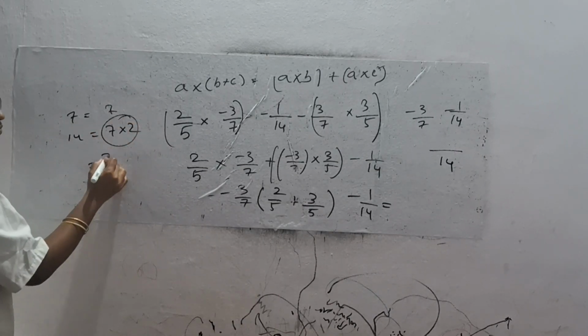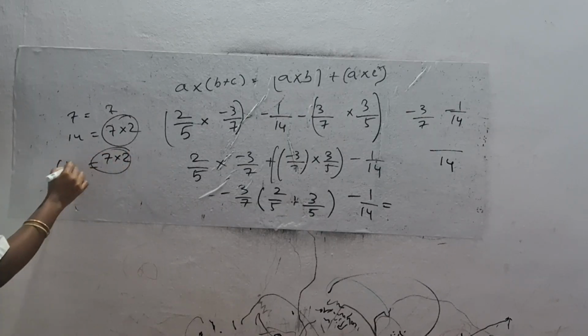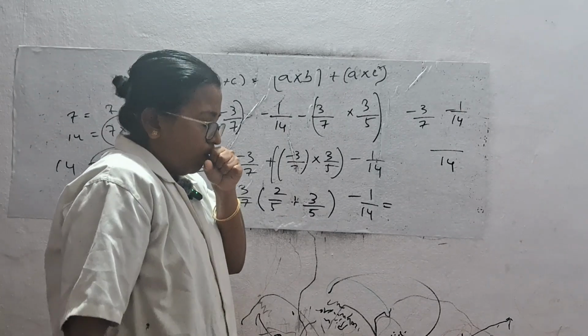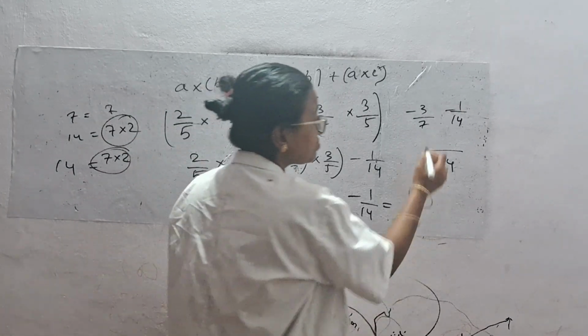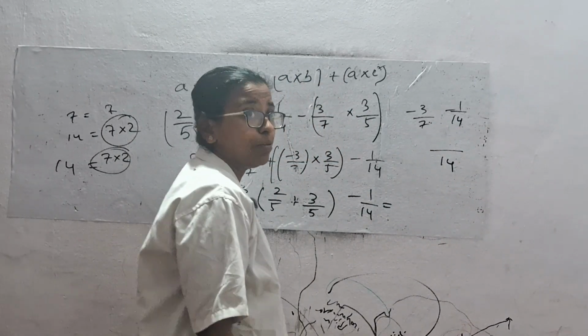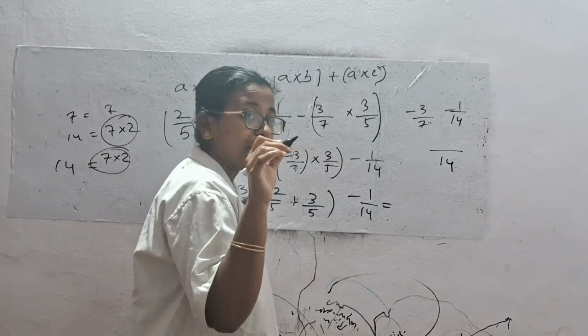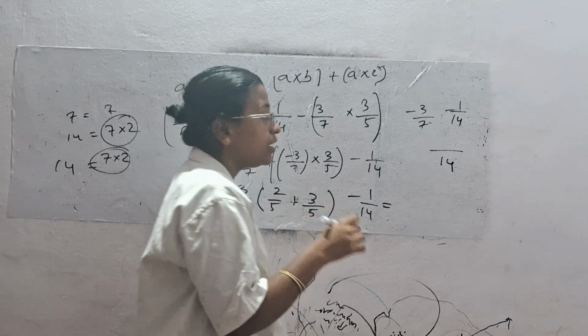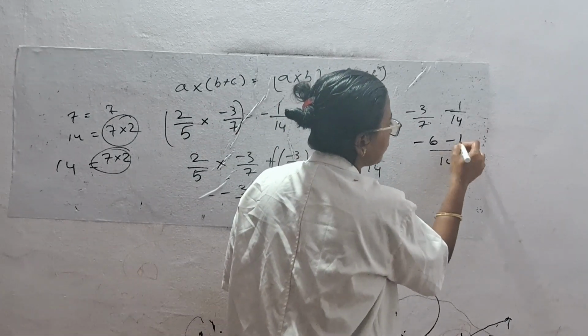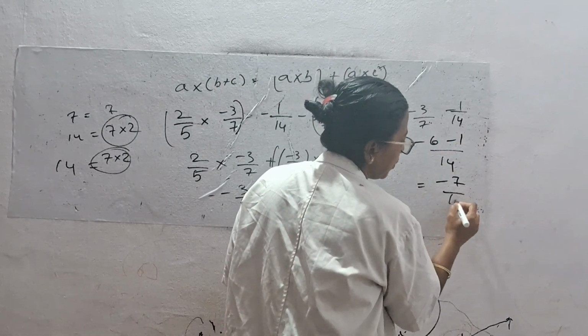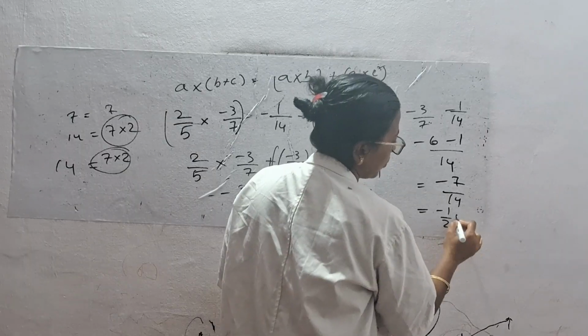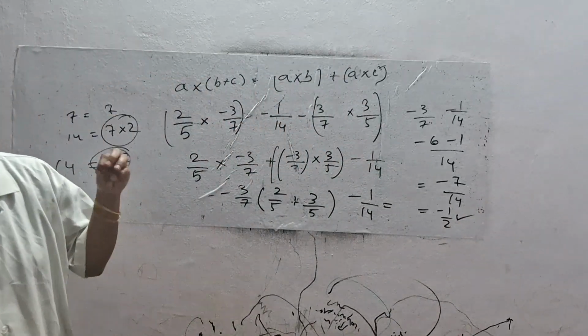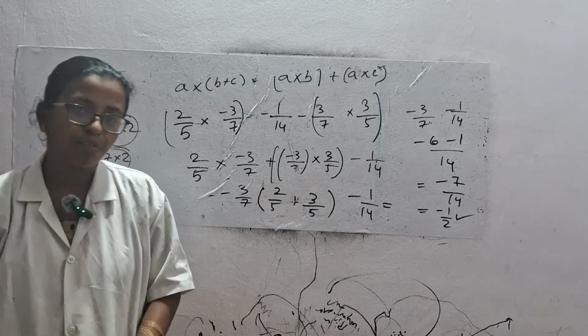So LCM is 7 into 2, so 14 is the LCM. When 7 becomes 14, we multiply by 2. So numerator minus 6 minus 1 is minus 7 by 14, which is equal to minus 1 by 2. That is the answer. By using the distributive law, we can easily simplify it.